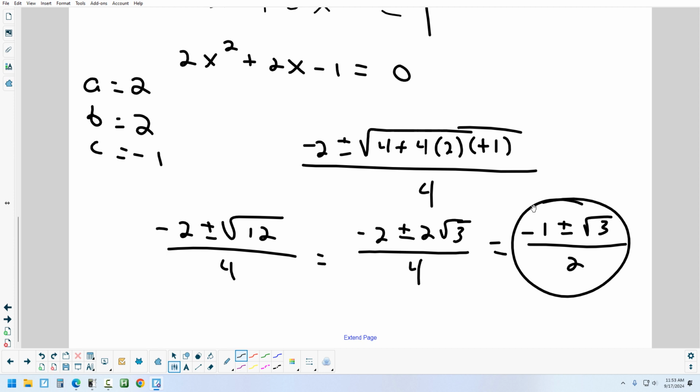It's just, you're not going to be able to guess something like x minus 3 square roots of 2 over 6 when you're factoring. Factoring only works really when it's integers. Any questions on that?